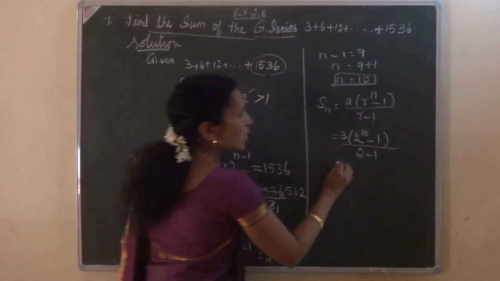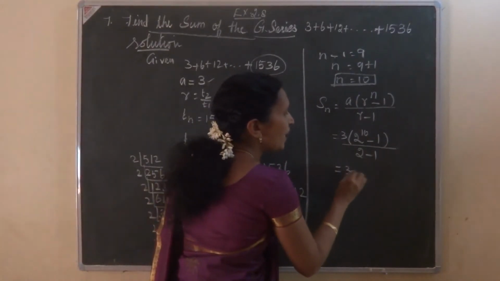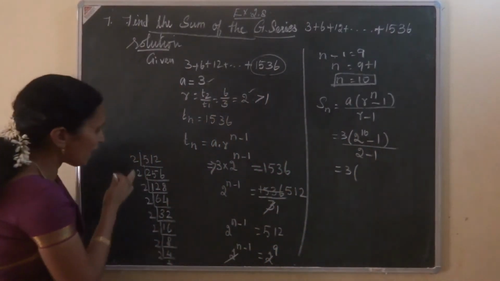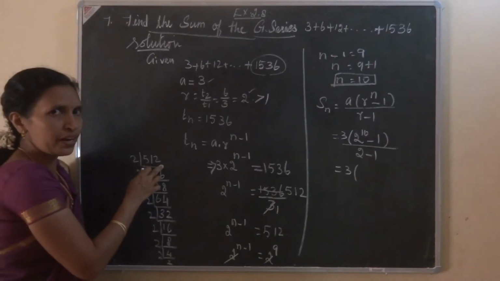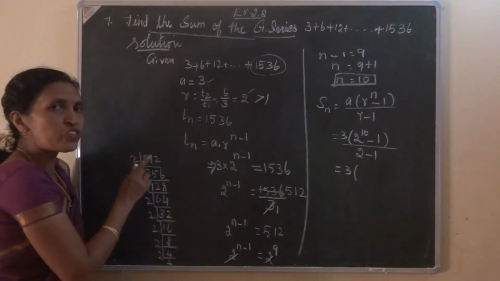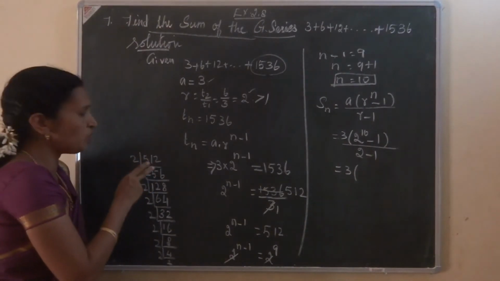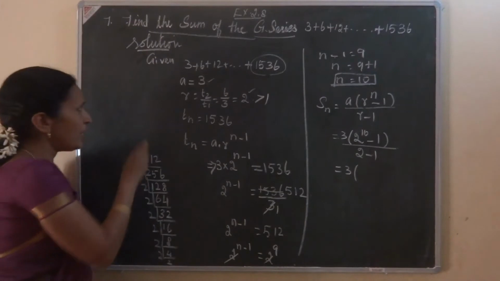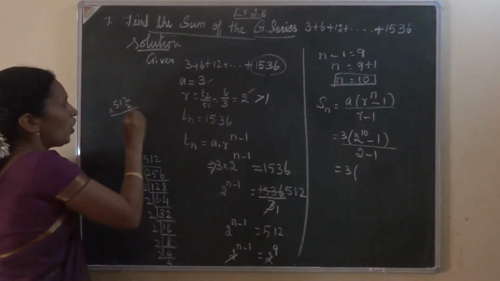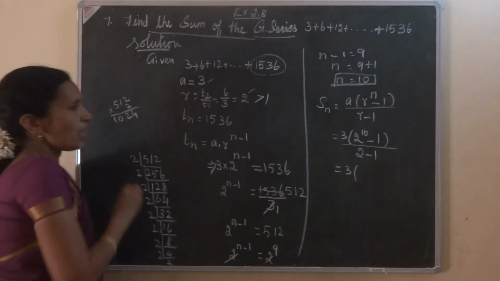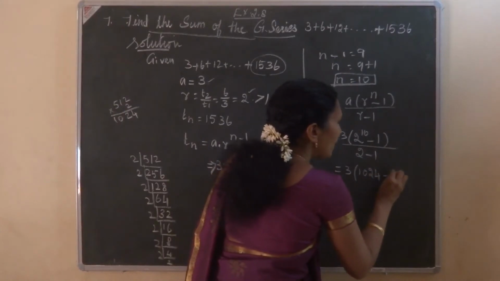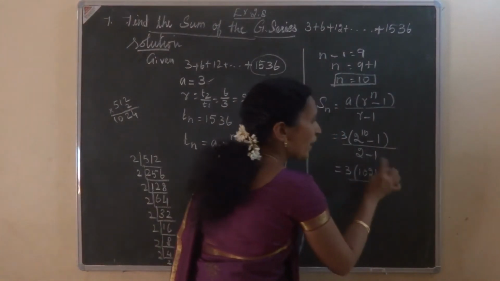Now listen students, that is equal to 3 into (2 power 10 minus 1). 2 power 9 is 512, so it's enough to multiply one more 2 with 512. 512 into 2 is 1024. So 1024 minus 1 divided by 2 minus 1, that is 1.